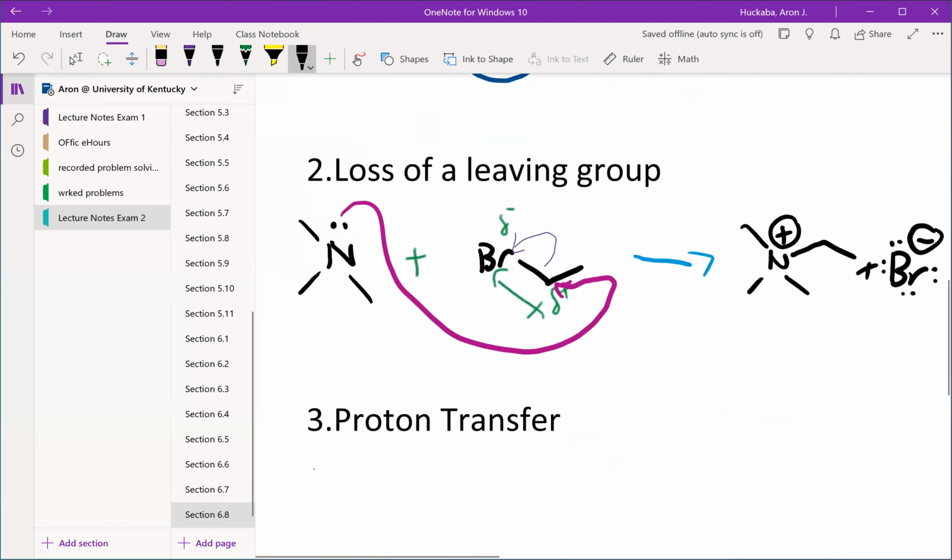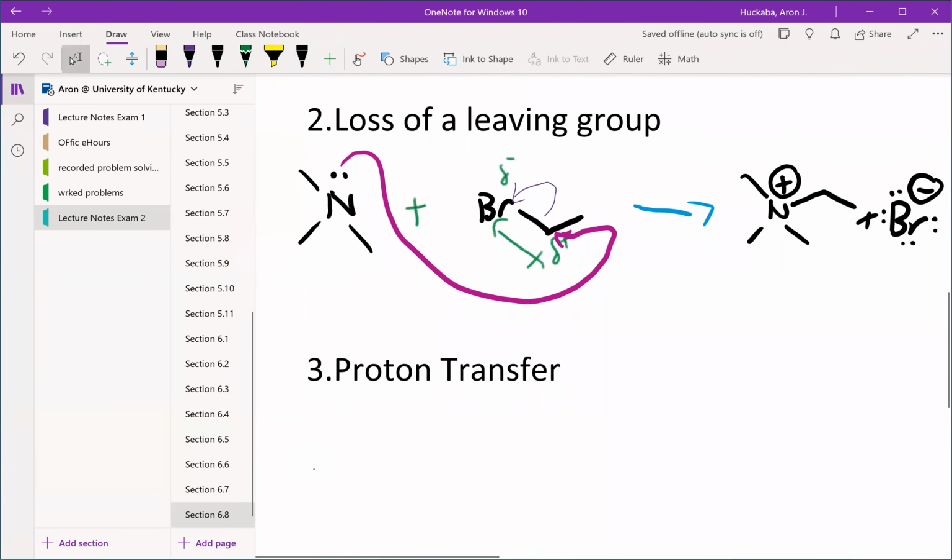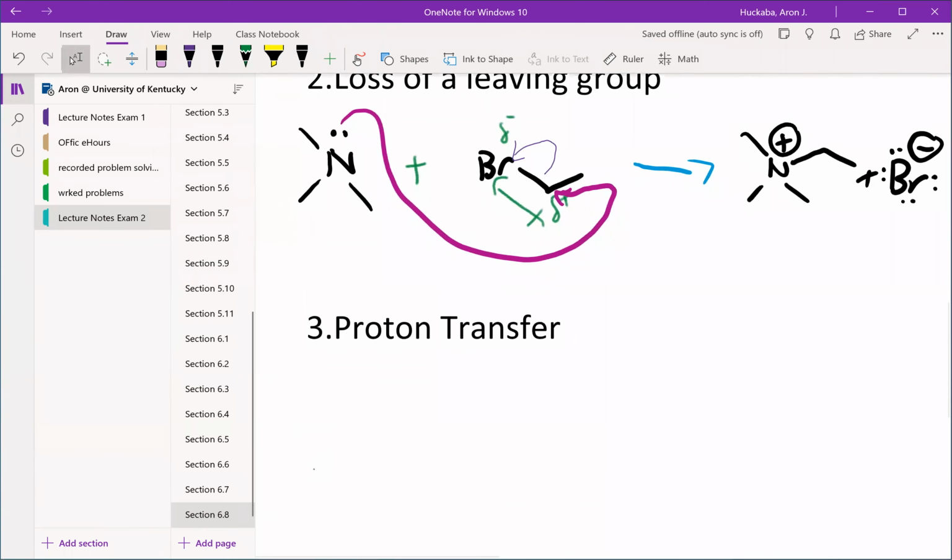Okay, and our third is called proton transfer, and this is something that we covered pretty extensively in chapter 3, actually, but it's something that is still relevant to us here and now because it's still a type of mechanism that is one of the 4 fundamental organic chemistry mechanisms.